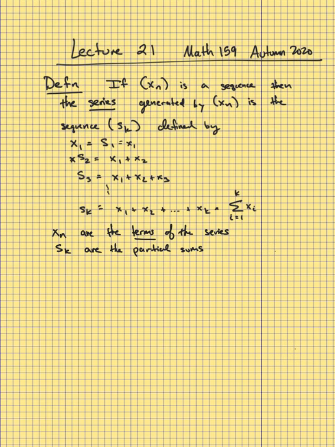What we really do is add k terms together and then take a limit as k goes to infinity. So if the limit as k goes to infinity of the s sub k's exists, we say the series converges, and its value s, which is just this limit, is the sum of the x sub k's.